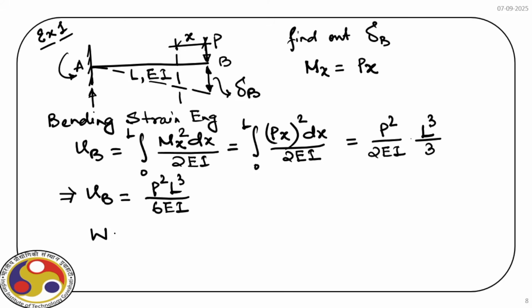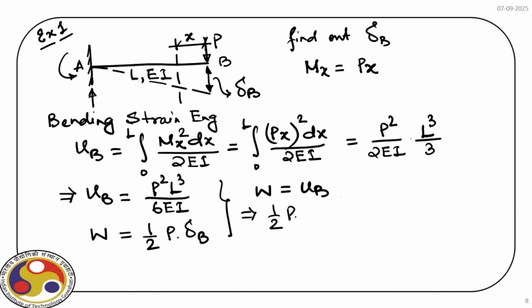So the work done is half times P times the deformation there, that is delta B. Now, because of this action of this external force, we have the bending strain energy stored within the beam, so if we equate, we have W is equal to UB, and then what we get is half times P times delta B is equal to P square L cube divided by 6 EI.